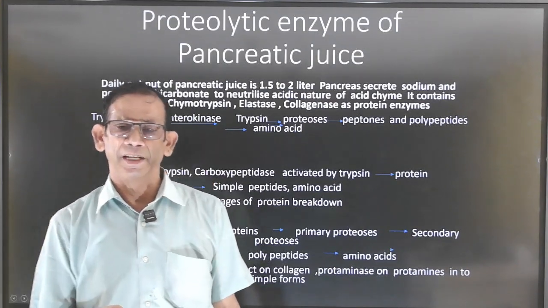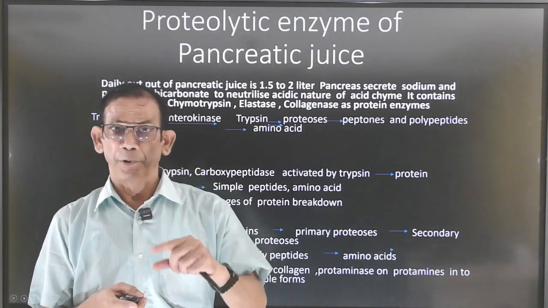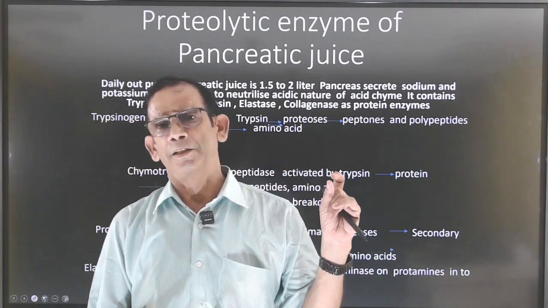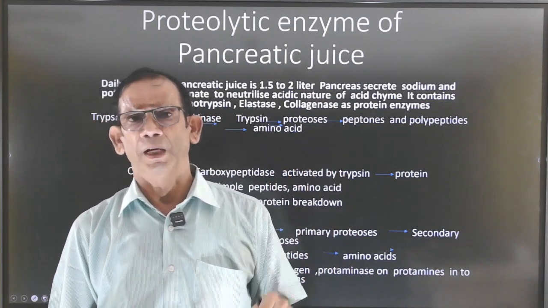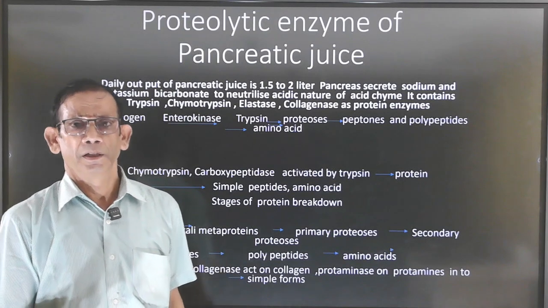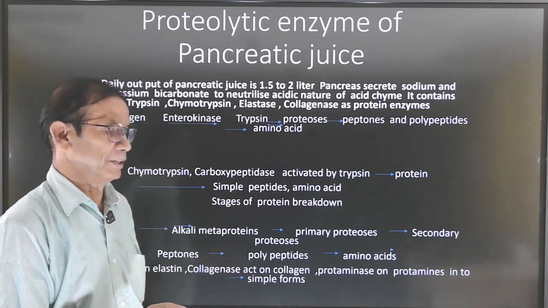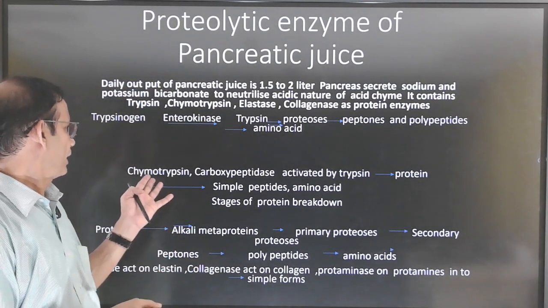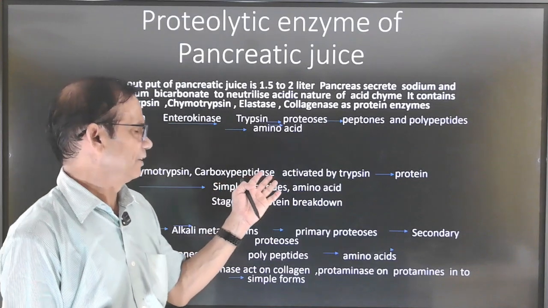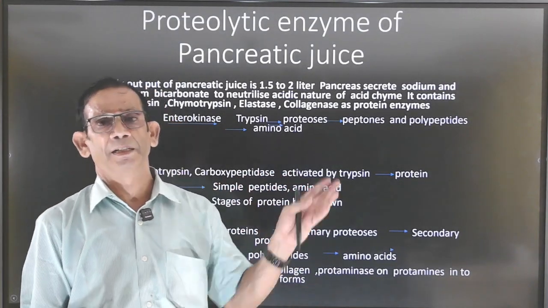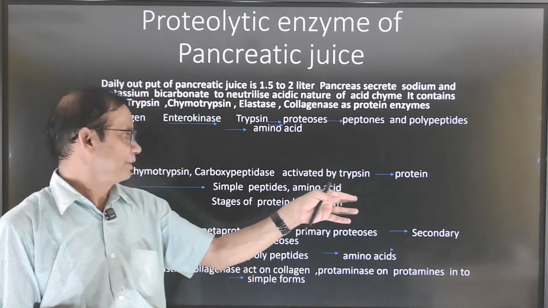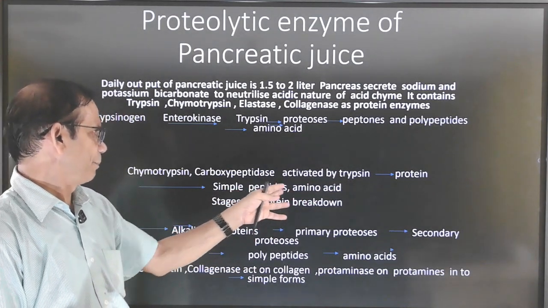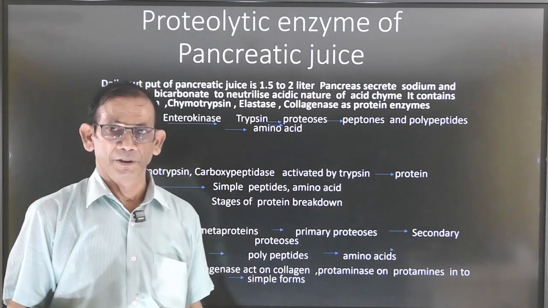This trypsin then acts on the proteases, which are half digested protein materials of the stomach, converting them into peptones and amino acids. Besides this, chymotrypsin and carboxypeptidase are also activated by this trypsin into simpler peptides and amino acids.